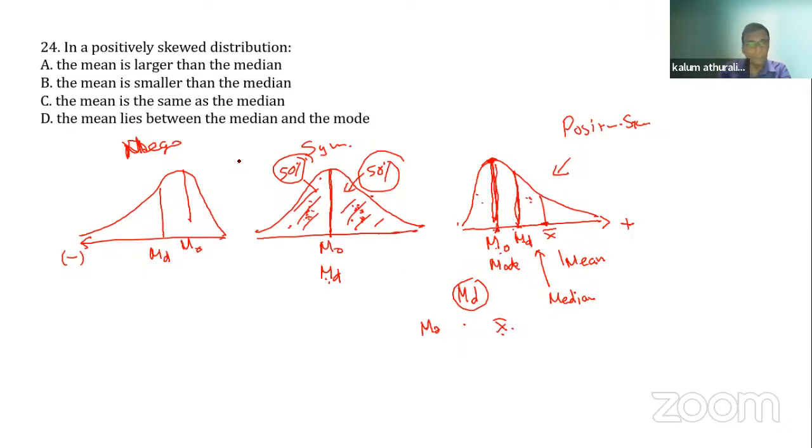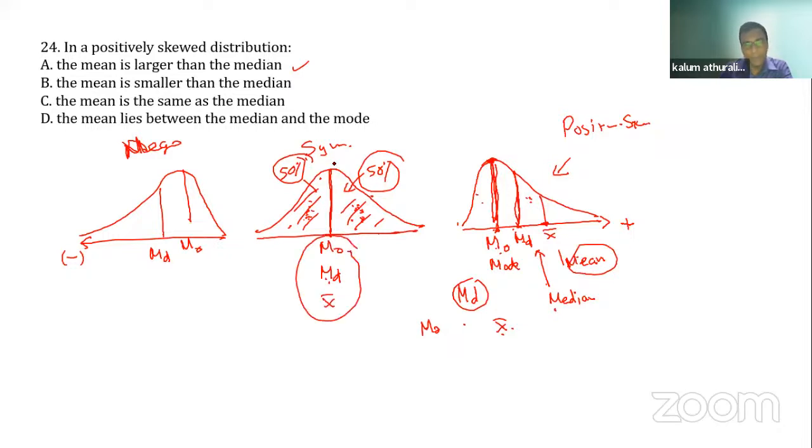Right. Remember the correct one. The mean is larger than the median. Correct. The mean is smaller than the median. This is wrong. The mean is the same as the median. No.